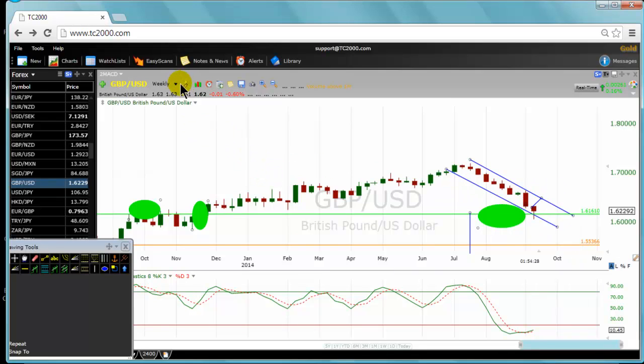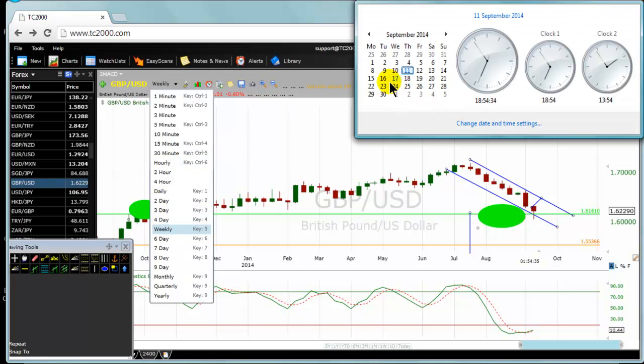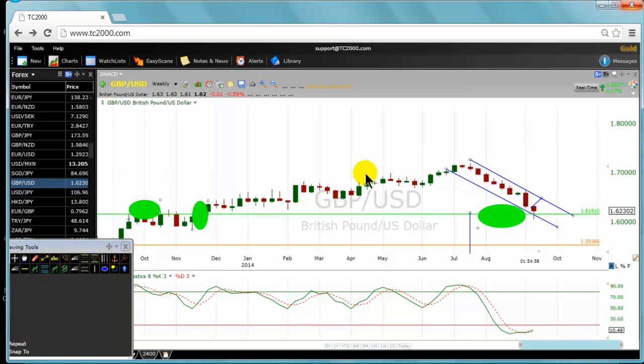But something we can be sure of is that as we are approaching, especially around the 16th and the 17th of September, 2 days before the referendum on the 18th, if the pound continues to go down, we are likely to see a little bit of a move to the upside as some of the conservative bearish traders decide to take profit to avoid giving back their profit.